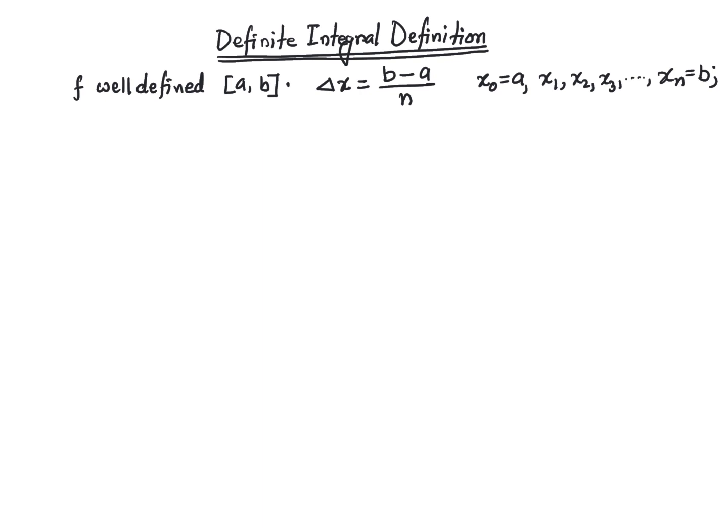Now let's assume that x sub i star is a point in the ith delta x. So that means in this interval, x sub i minus 1 comma x sub i, x sub i star is a point in that interval.